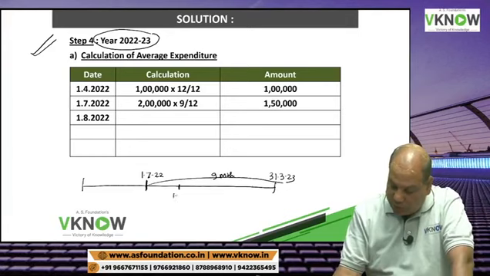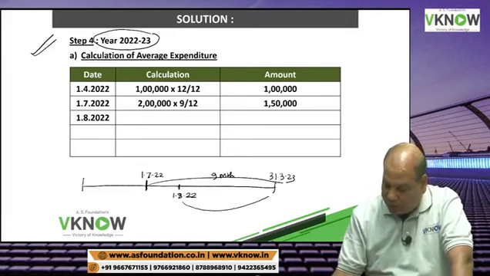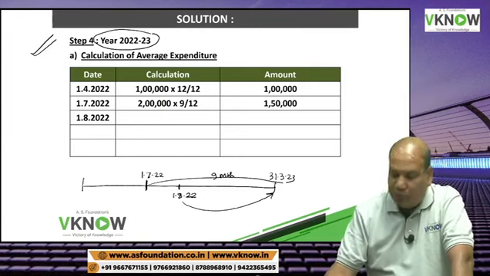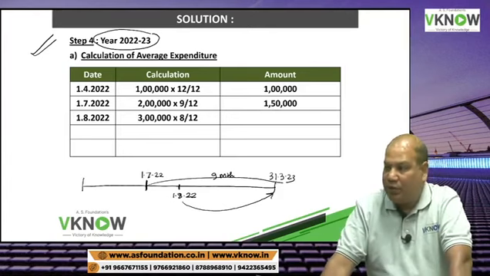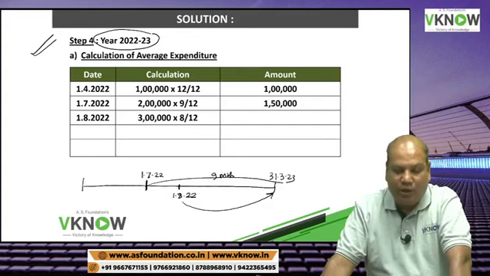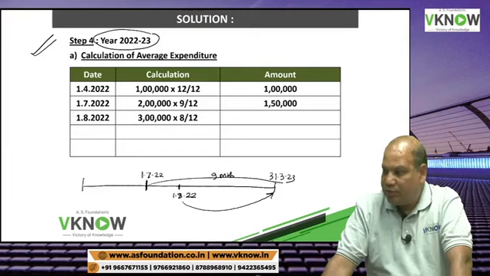Then we have incurred expenditure on 1/8/22. So how many months gap is there? 1/8/22 to 31st March 23, 8 months gap is there. So you will write 3 lakh into 8 by 12. Please give me the answer. 3 lakh into 8 by 12.